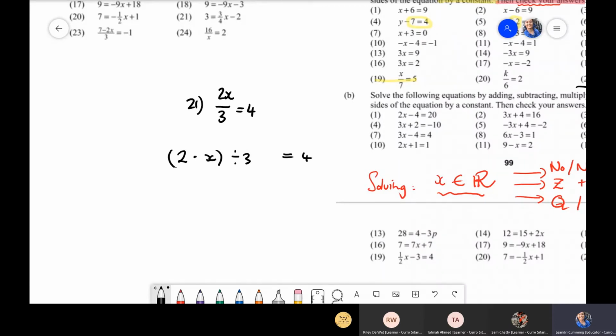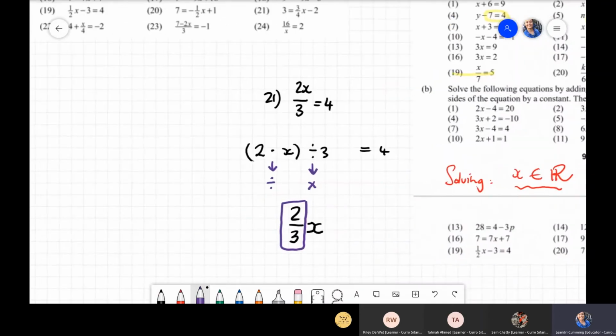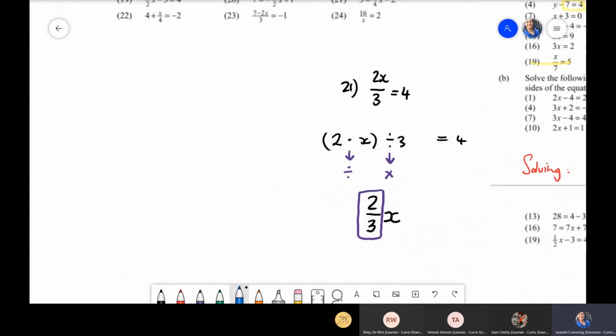So what would be the inverse? What are all the opposites? Opposite of multiplication would be division, and opposite of division would be multiplication. So how do I treat the opposite of this? Let me just move my x to stand next to the 2 over 3. And this is a very, very important aspect. We tested this in our first assignment where I gave you something that looked like this.